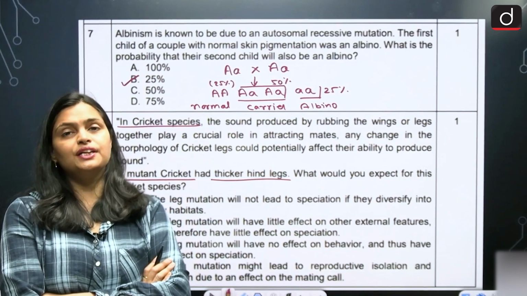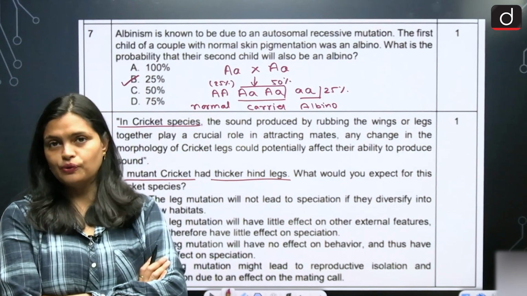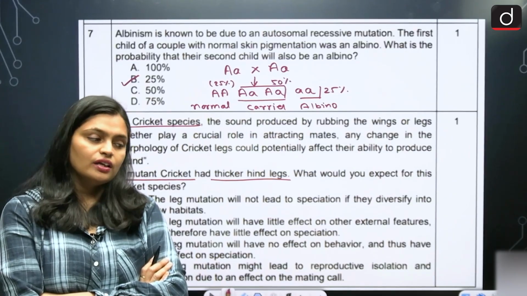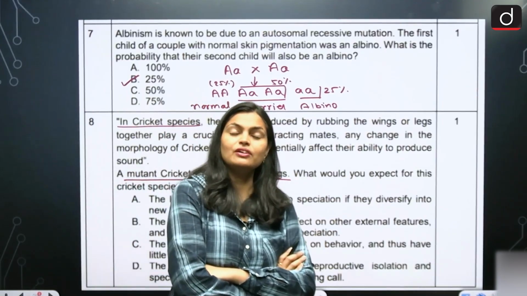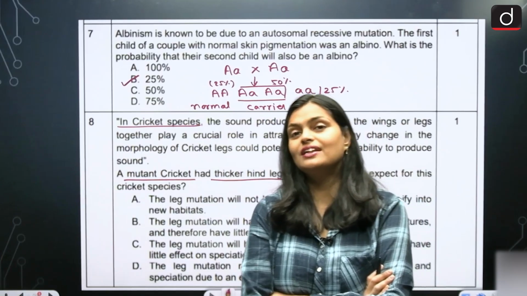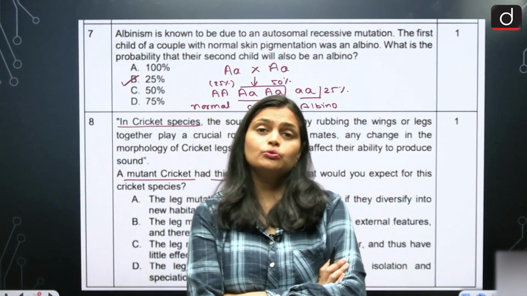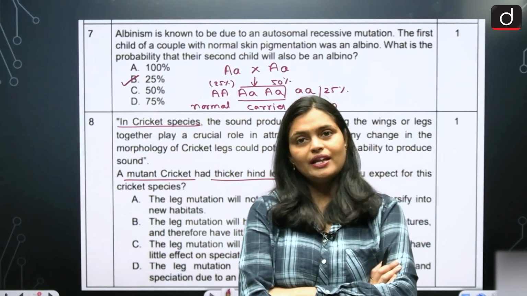See what happened initially when the cricket has no mutation? Normally the sound is produced and the mates are attracted. But what happens when the leg gets mutated? Now the leg becomes thicker. So initially जैसा आवाज प्रोड्यूस हो रहा था क्रिकेट से अभी नहीं प्रोड्यूस होगा.